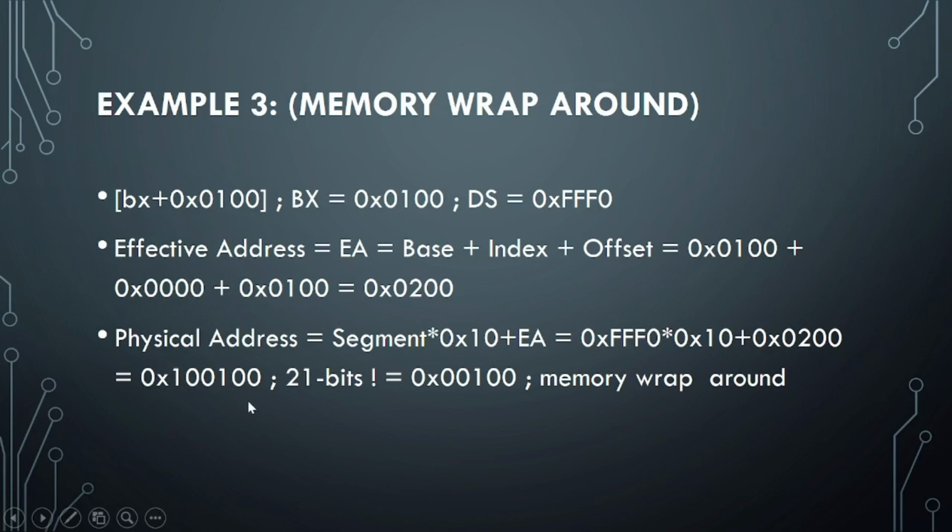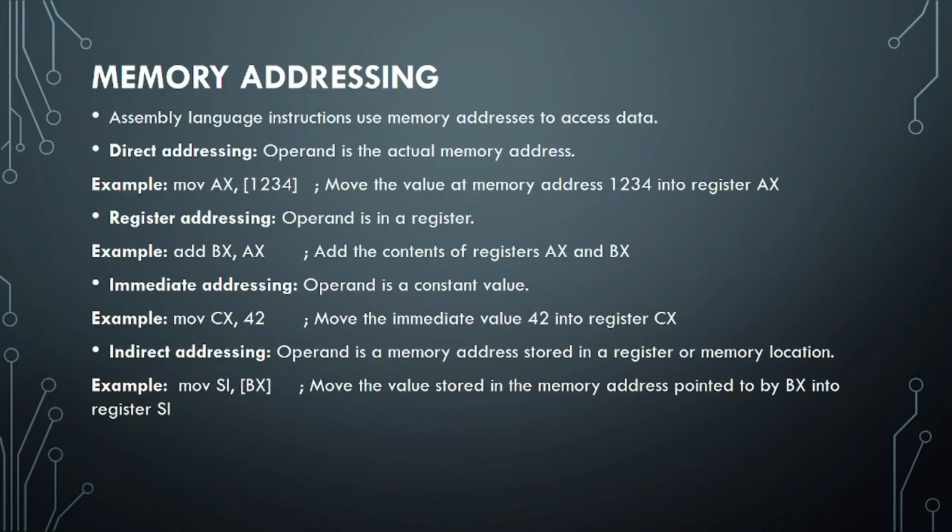Let's say these are 21 bits, so the result exceeds the maximum limit, so memory wraparound will occur. The 1 will be considered a carry and will be ignored. So we will have 0x00100 as our physical address. I hope you understood the concept of segment wraparound and memory wraparound.